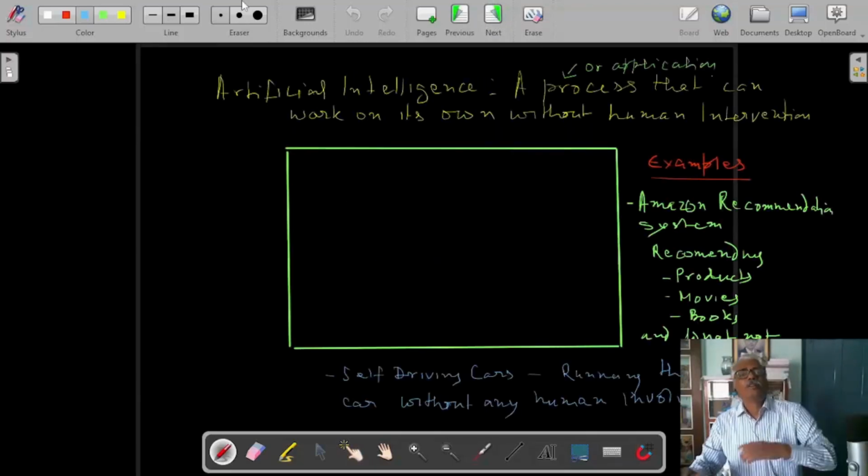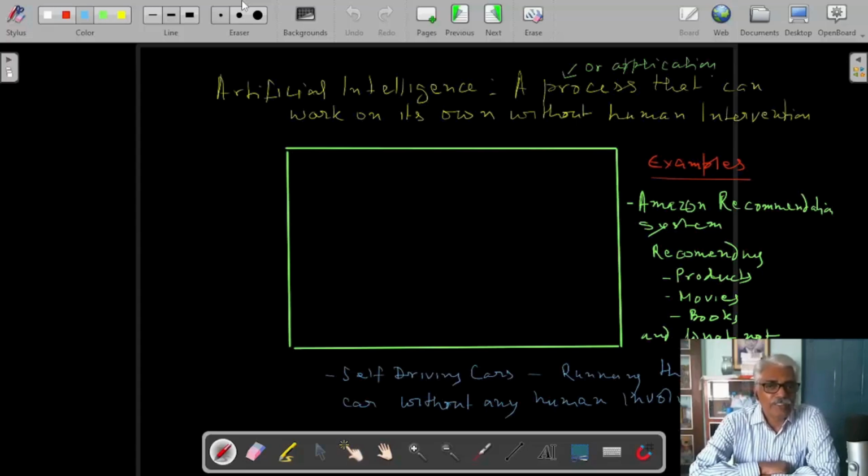Now here, first, what is the definition of artificial intelligence? Artificial intelligence is defined as a process or application that can work on its own without human intervention. So when we use some application which is said to be backed by AI, we mean that it can do its own work without much intervention from the human side.